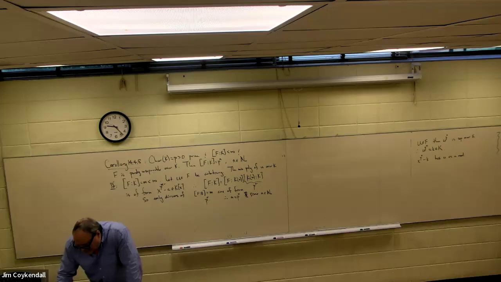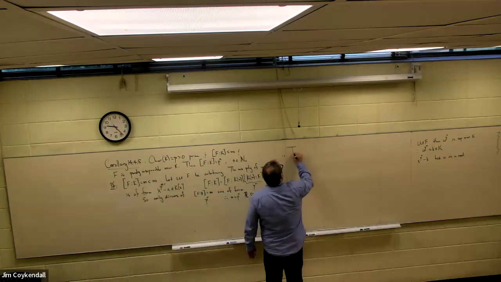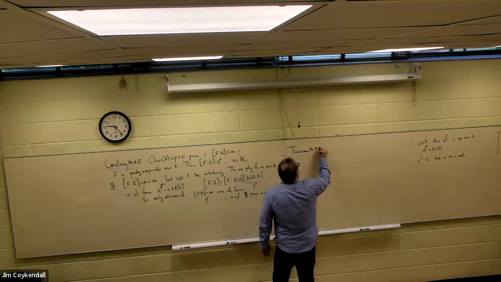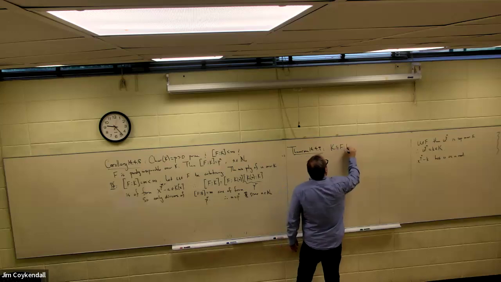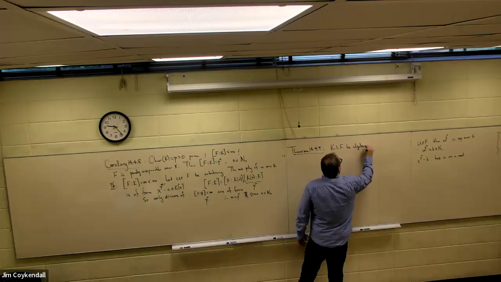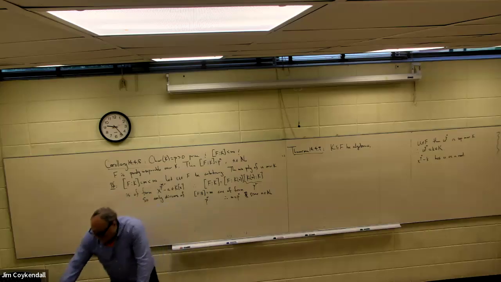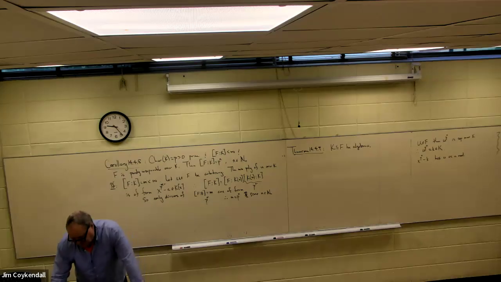Let F be an algebraic extension of K. So let K inside F be algebraic. I am going to denote S the set of all elements of F that are separable over K, P the set of all elements of F that are purely inseparable.